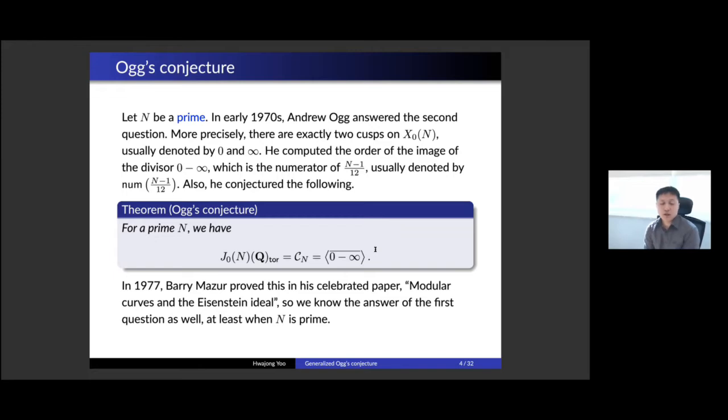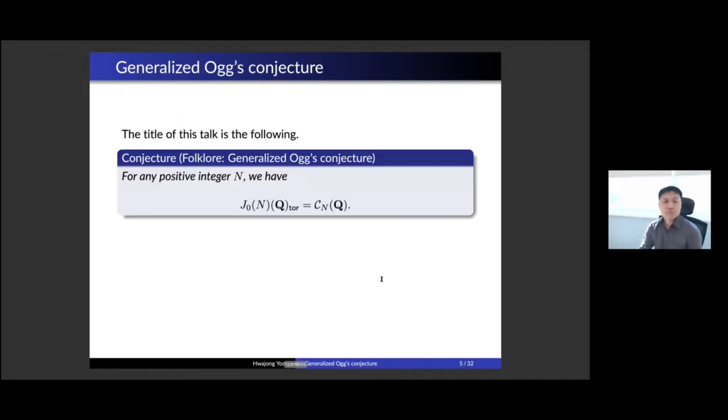So in 1977, as you know, Mazur proved this conjecture, and his result is an affirmative answer to the first question. And because we know the structure of this group as well, this also answers the second question. The natural generalization of Ogg's conjecture is the following.